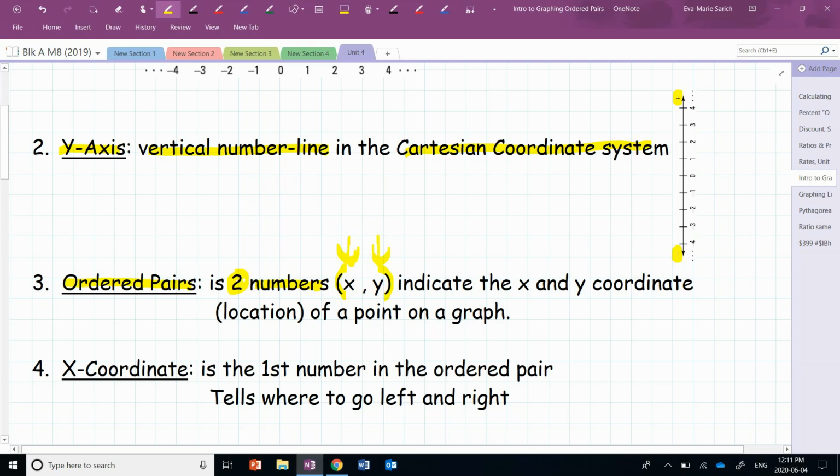And those indicate the x and the y coordinates. That means their location, which is a point on a graph. So this ordered pair is going to become a point on a graph, and the ordered pair is composed of 2 numbers in a bracket that tell the location of that ordered pair or that point on a graph.